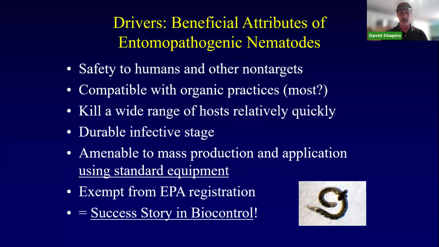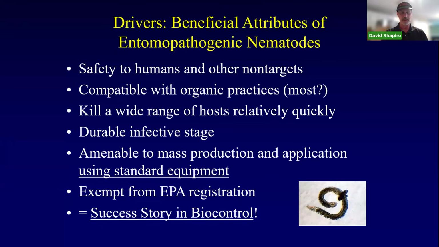Some formulations may have some incompatibilities. They generally kill a wide range of hosts relatively quickly, especially compared to some other entomopathogens. There are a couple of specific nematodes, Steinernema scarabaei focusing on white grubs and Steinernema scapterisci focusing on mole crickets, but they're not so much commercially available at this time.